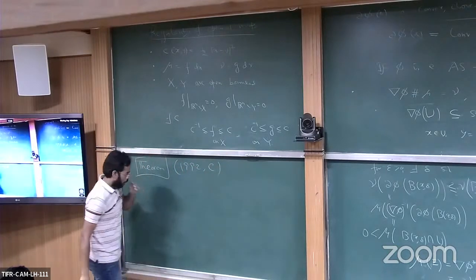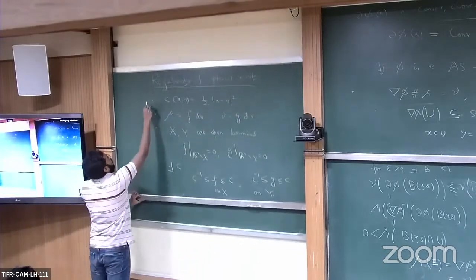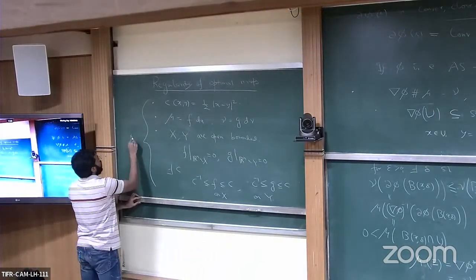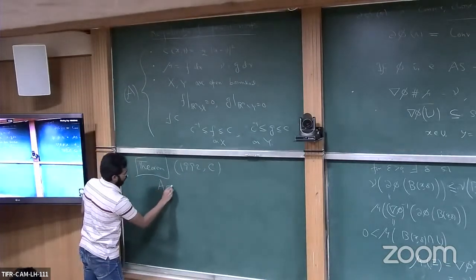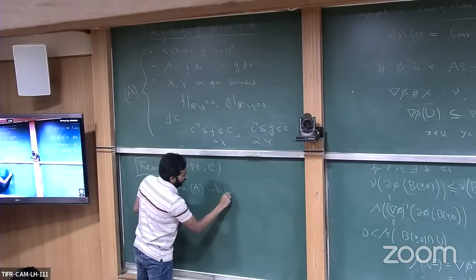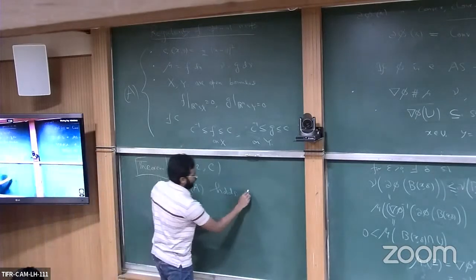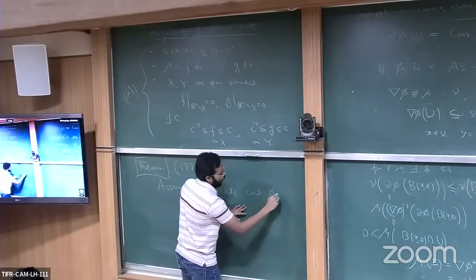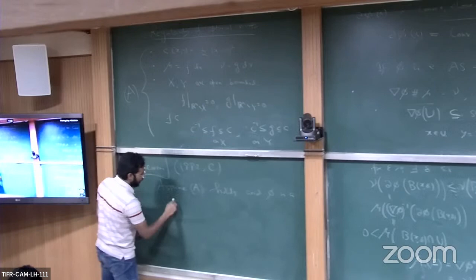Ready? So assume these are all my assumptions. Assume A holds and P is a Brenier solution.